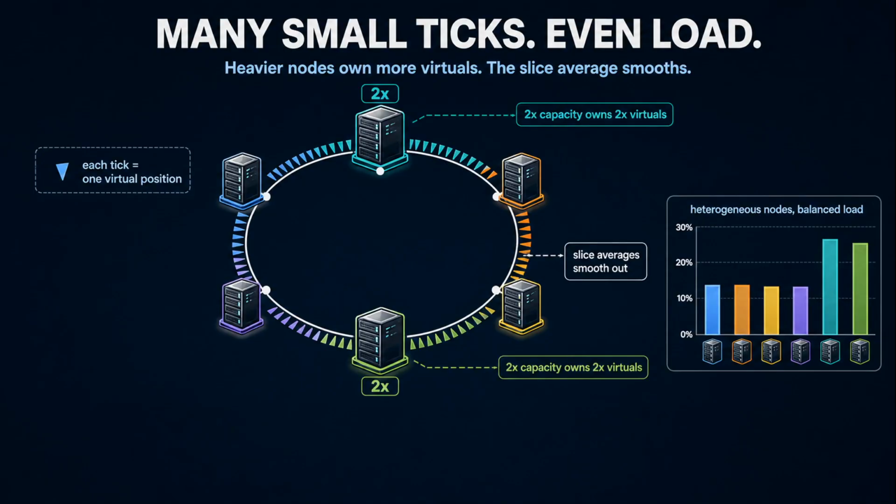Removing a node is the same move in reverse. Oh, interesting. I have shipped clusters with virtual nodes for years without really understanding why the spread was uneven. The virtual count was the answer. Each physical node owns many virtual positions, so the slices average out, and a heavier node can simply own more virtuals. This is the move every distributed key value store builds on.